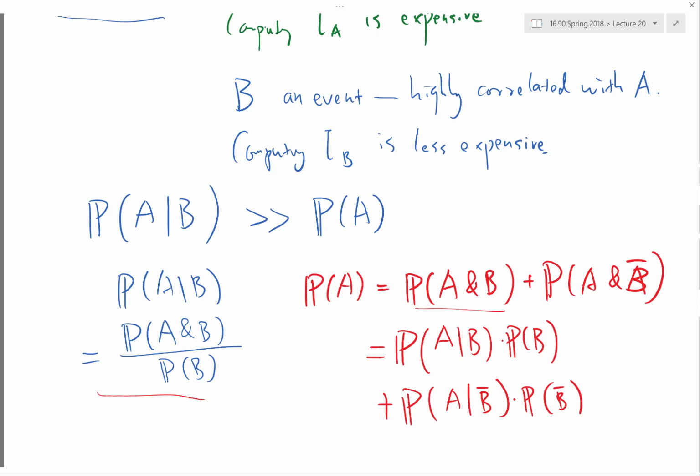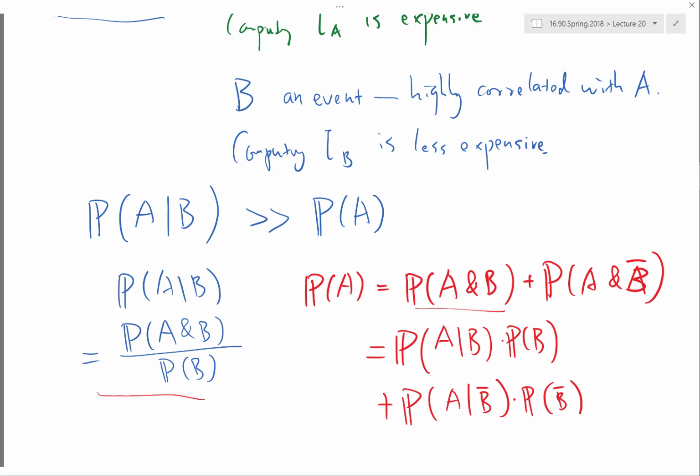Using this equation, it can be many thousands of times cheaper than directly computing the probability of A. Why is that? First of all, because the event B is very easy to determine. We can use a lot of samples to nail down the probability of B and the probability of not B very precisely.